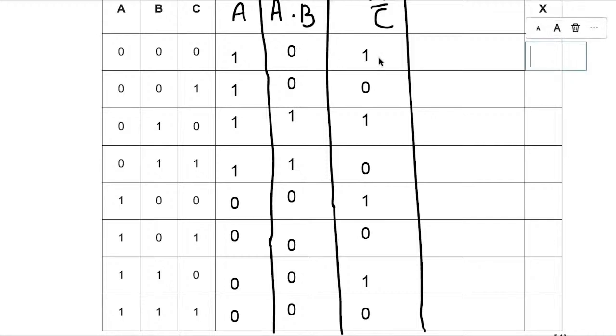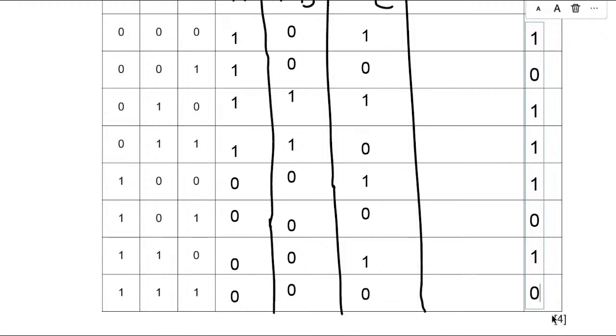So 0 or 1, or 0 plus 1 would be 1, 0 0 would be 0, 1 1 would be 1, 1 0 would also be 1, 0 1 would be 1, 0 0 would be 0, 0 1 would be 1, and 0 0 would be 0. Easy, 4 marks in the bag.